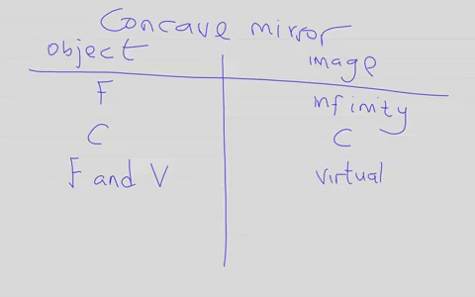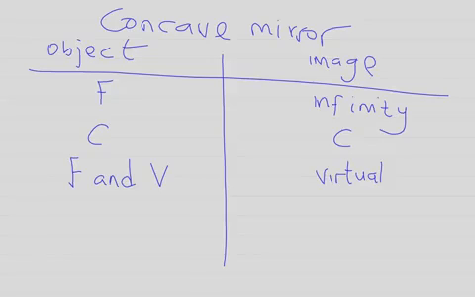You can get this in the previous slide that is on the screen. The image will be virtual, and then it will be erect. It's even going to be magnified.